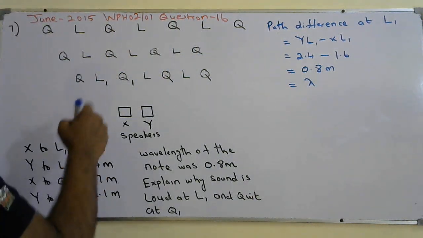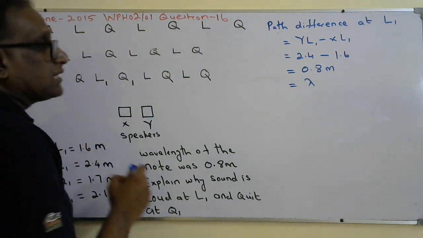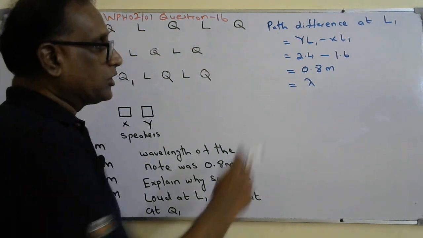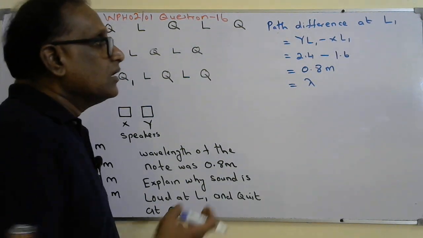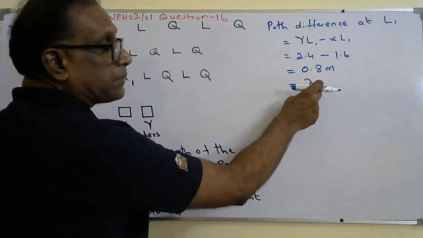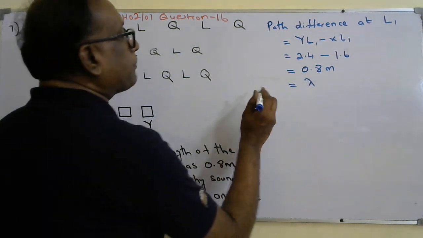So at L1, constructive superposition will occur, since the path difference is equal to an integer multiple of lambda, which means the waves will overlap in phase.